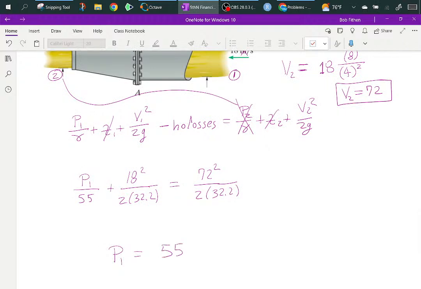I'm going to try to make my handwriting really good. 55 times 72 squared over 2 times 32.2 minus 18 squared over 2 times 32.2. Okay, I think I did my handwriting okay. Let's see what it says.